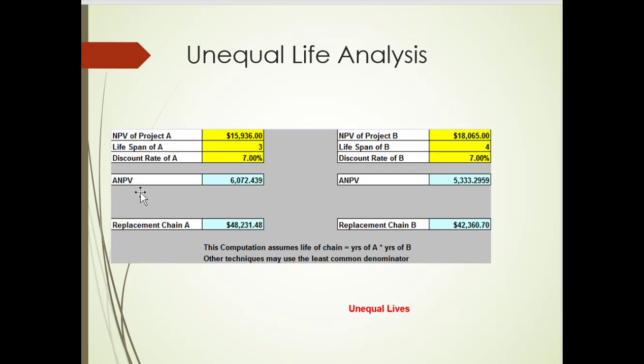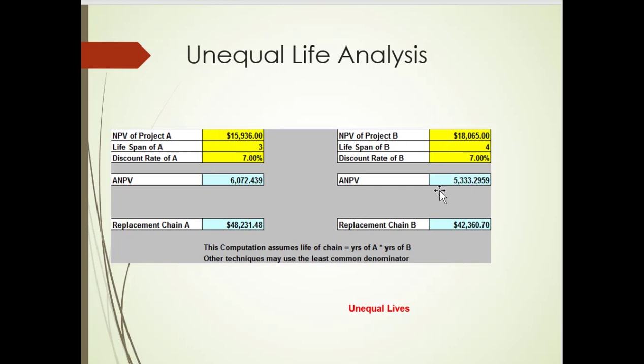The annualized net present value, again, sometimes referred to as EAC, equivalent annual cost, is $6,000 for project A, that's the short project, and $5,300 for the long life project. So it turns out here that the equivalent annual cost method is higher for the shorter project than the longer project.